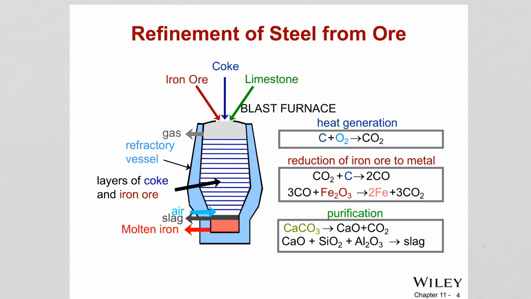In this figure, it shows how we can produce iron. You will need three ingredients: iron ore from the earth's crust, coke, and limestone. Coke is like a fuel.